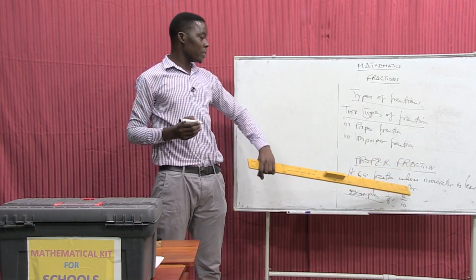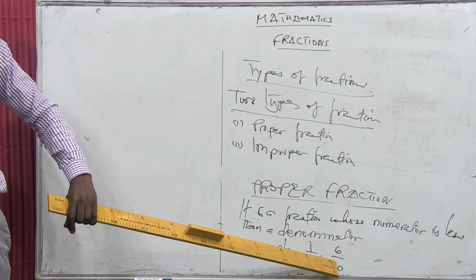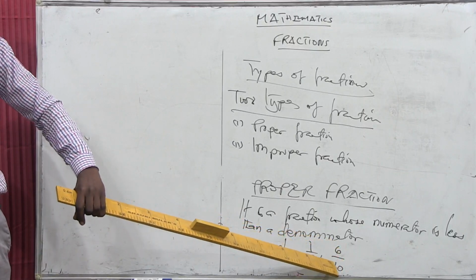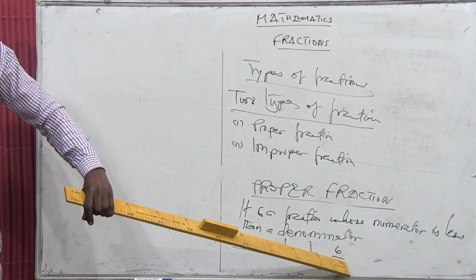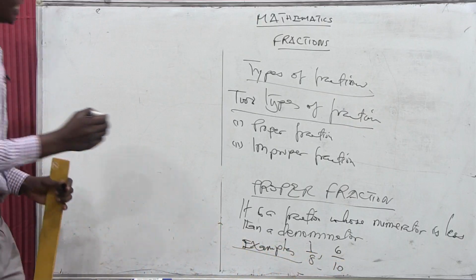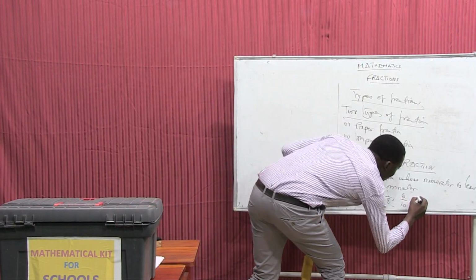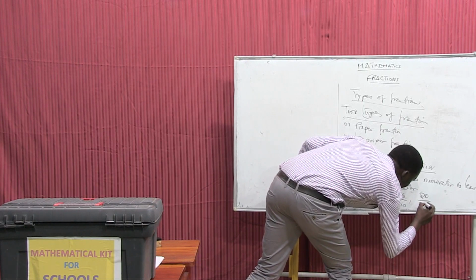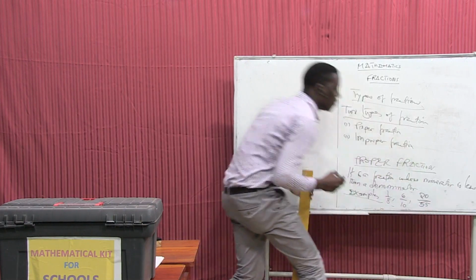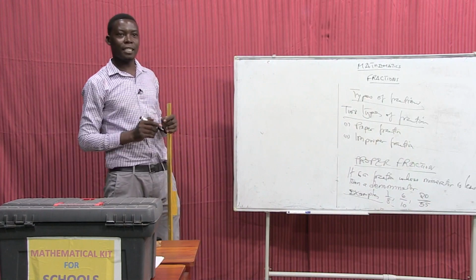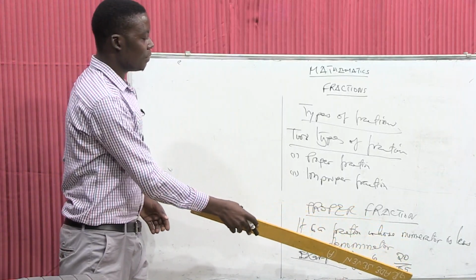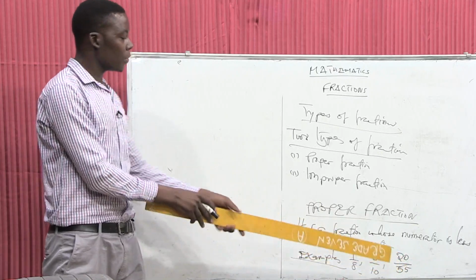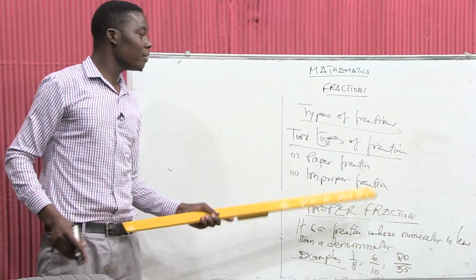Why? Because 6 is less than 10. So 6 as a numerator is less than 10 as a denominator. Are we together? Then another maybe 20/55. 20 is less than 55. So this one is a proper fraction.